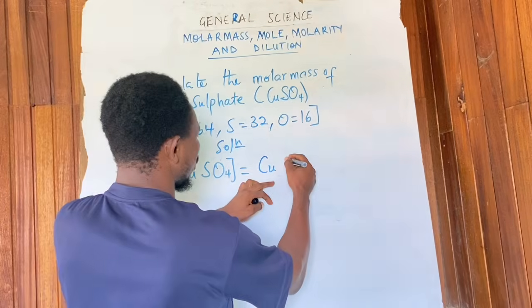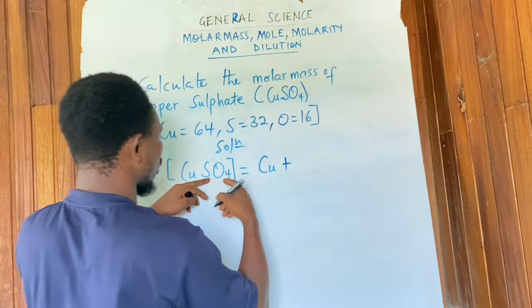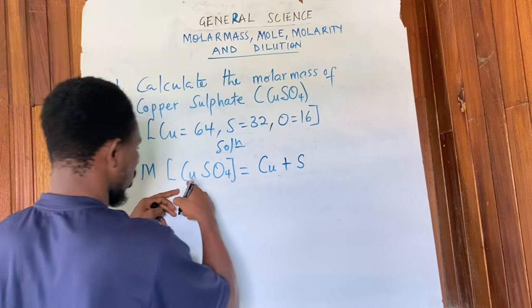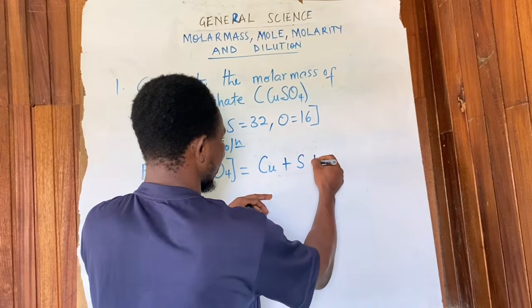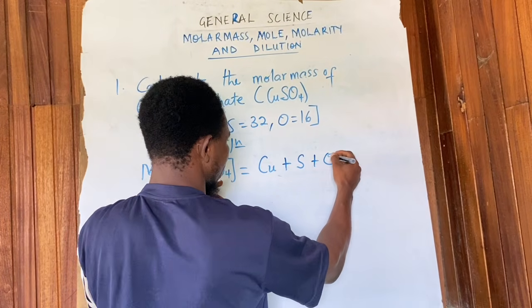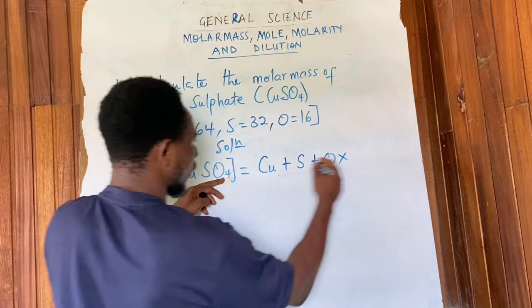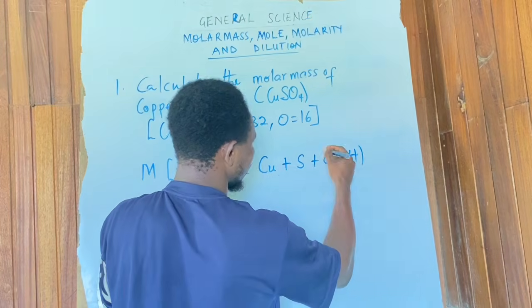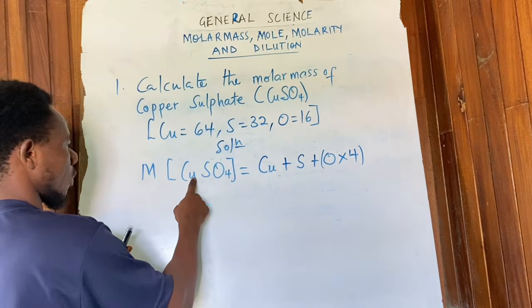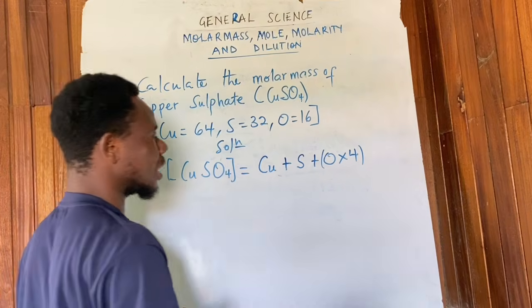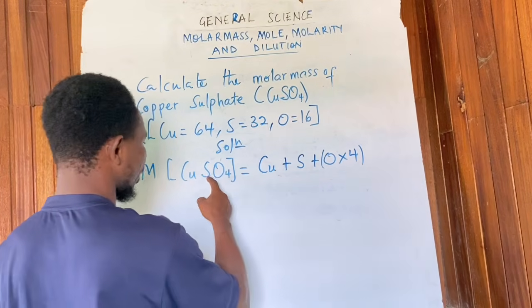Sulfur is also 1. Oxygen here is 4. So copper is 1, we don't normally write it, sulfur is 1, oxygen is 4.